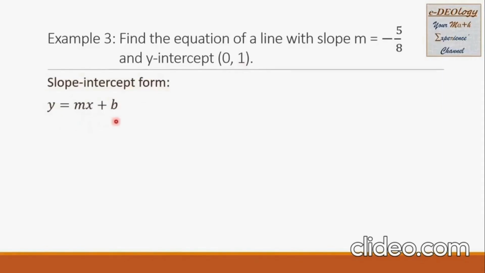Then we will substitute the values for the m and the y-intercept, the b, which is 1, respectively. So this is now y equals, the m is now negative 5 over 8x plus 1, which is the y-coordinate of the given point. So our final answer, y equals negative 5 over 8x plus 1.